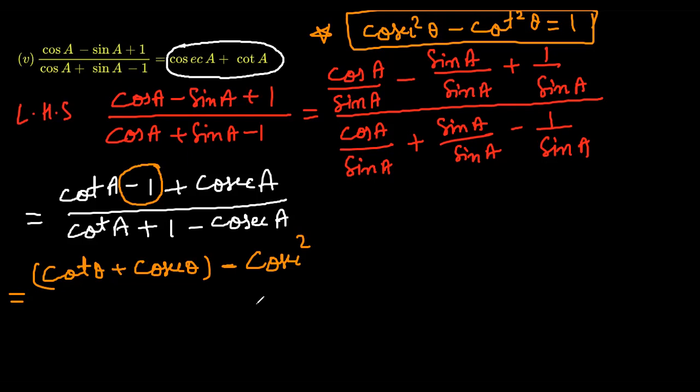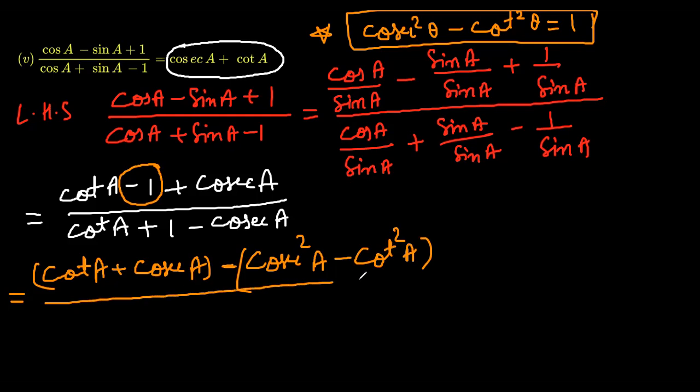Hello, it's not theta, it's A. Yes, so it is A. Cot A plus cosec A, and minus cosec square A minus cot square A divided by, in the denominator, we are going to keep everything as it is. Cot A plus 1 minus cosec A.